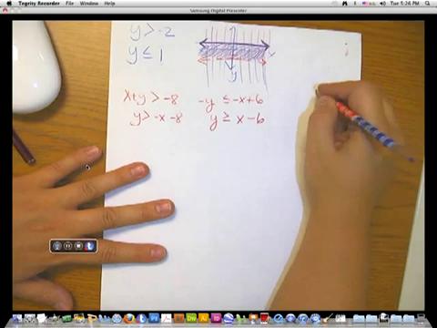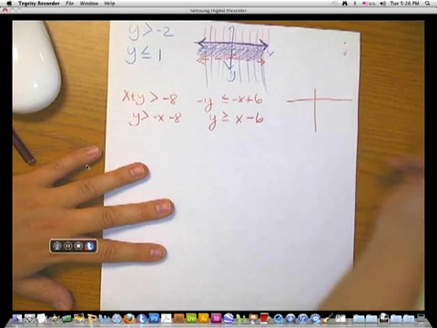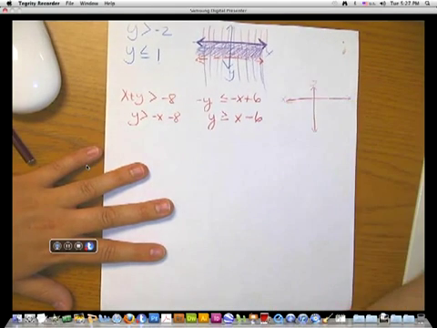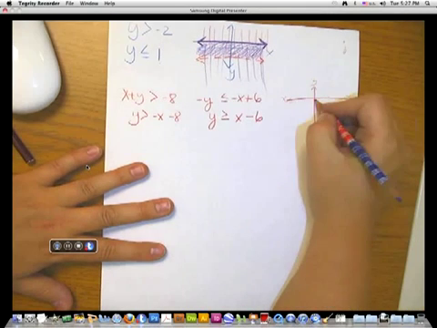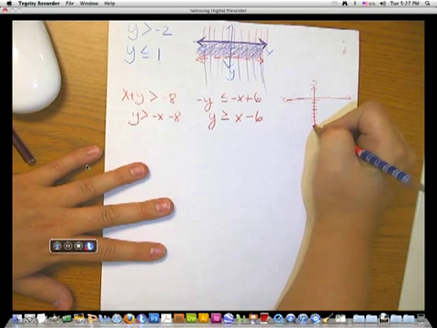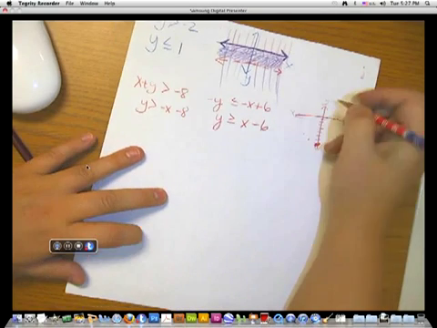Now when I graph this, again, you're doing it on graph paper, so everything is clearly marked. You have arrows, you have x, y labels. All your blocks are by 1. So I have -8, and then my slope is -1 over 1.